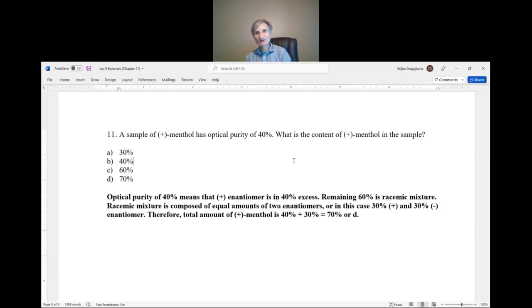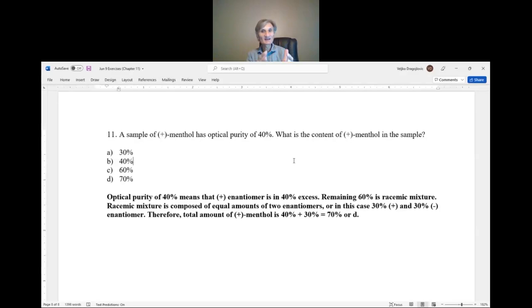So when we say that plus menthol has an optical purity of 40%, that means out of 100%, 40% is excess of plus menthol. And those 40% rotate the plane of polarized light. The remaining 60% does not rotate the plane of polarized light. That's because those 60% are a racemic mixture.